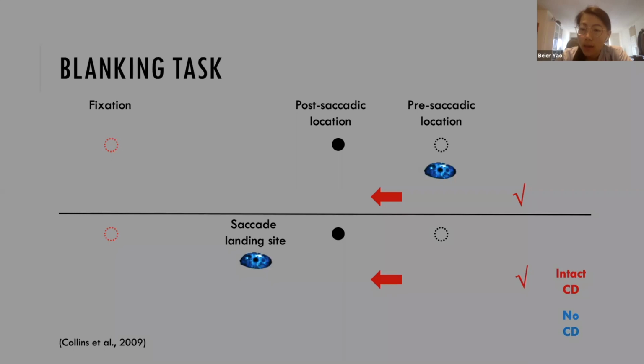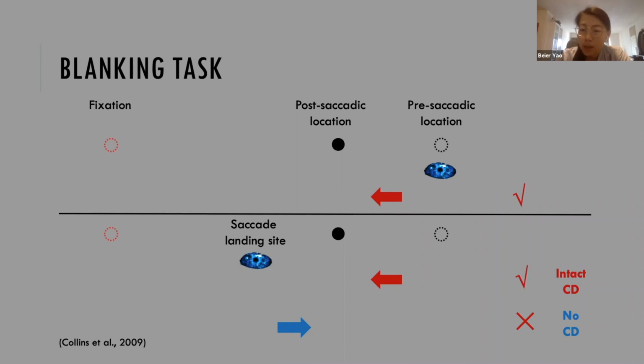But if they do not have access to the CD information, then they cannot know that their saccade fell short and may rely on the saccade landing site as a proxy of the pre-saccadic location. In this case, the target is to the right of their eye, so the answer is jumped right. However, that answer is incorrect. So this is how we measure oculomotor CD.